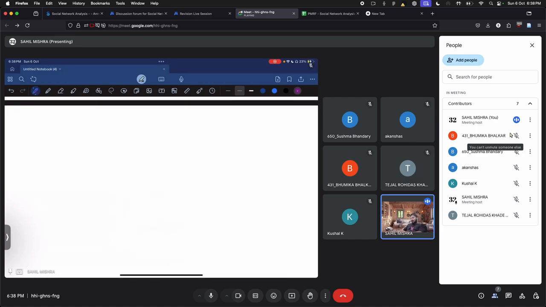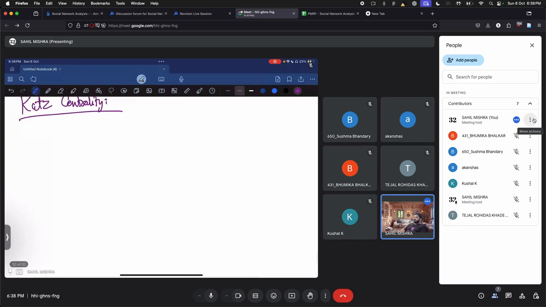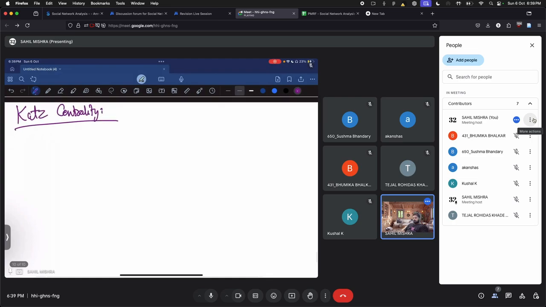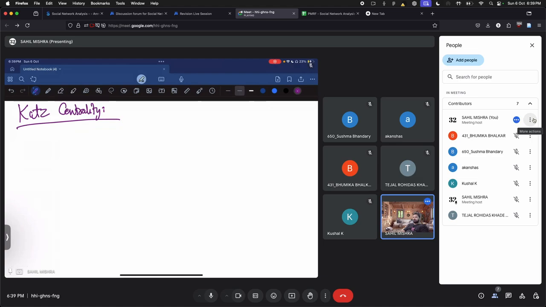So Katz centrality. Can anyone tell me what Katz centrality is? Sushma, do you have any idea? Hello.